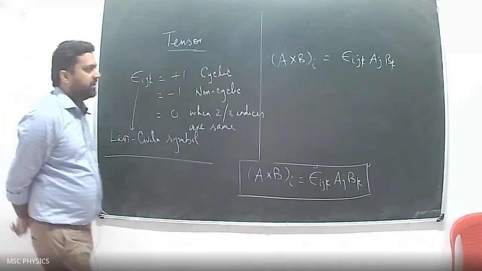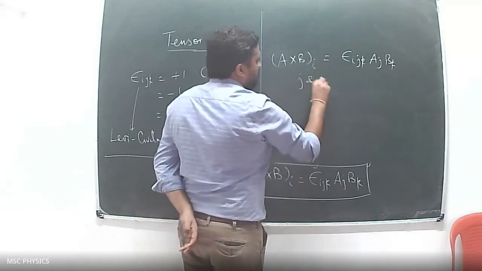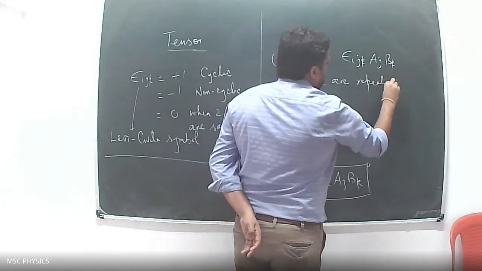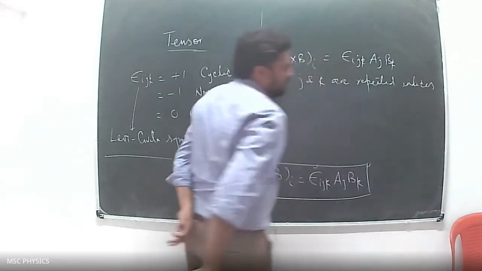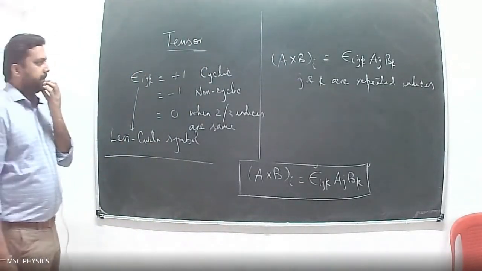J and K, very good. On this side, j and k are repeated indices, so we need to sum over them. Indices is the plural for index, right?